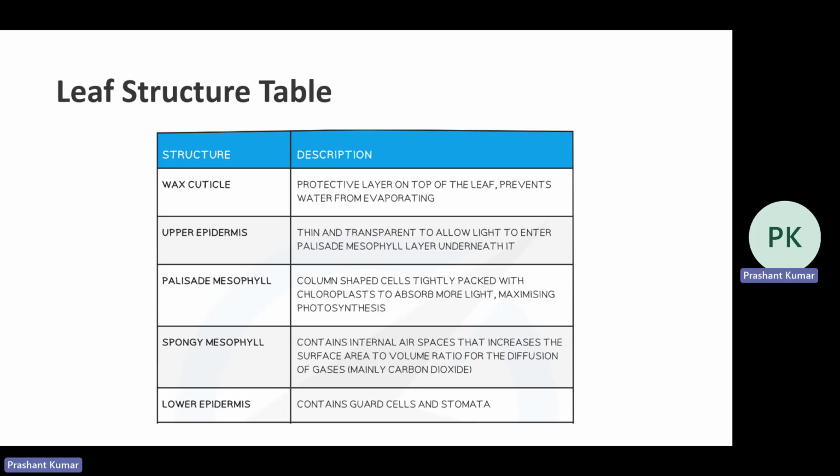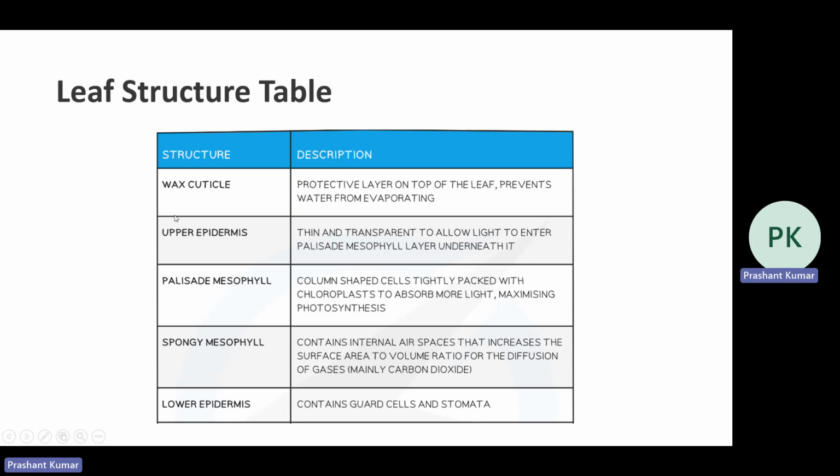The wax layer has another role. It will reflect 90% of the sun's light. If it did not reflect, the plant's leaf would get burnt due to heat. So the wax cuticle layer reflects the light.